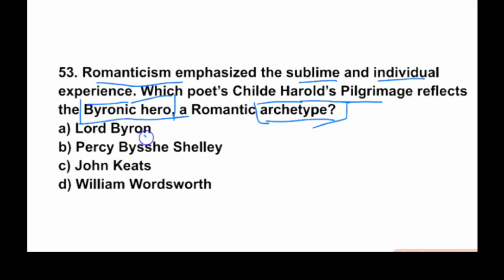Option A, Lord Byron. Byron's Childe Harold's Pilgrimage, 1812 to 1818, introduced the brooding, rebellious Byronic hero, a key romantic contribution to this canon. Next question.